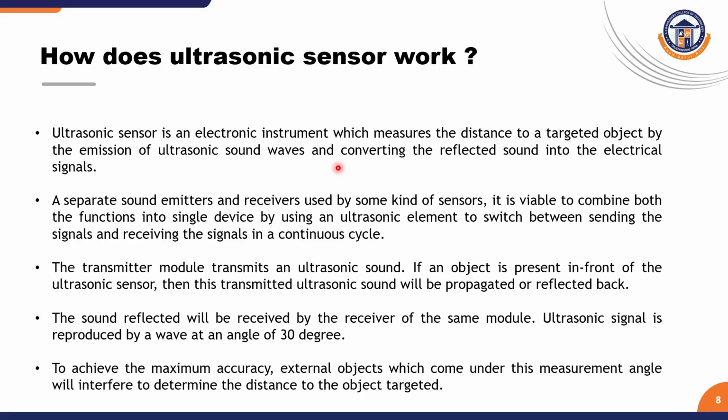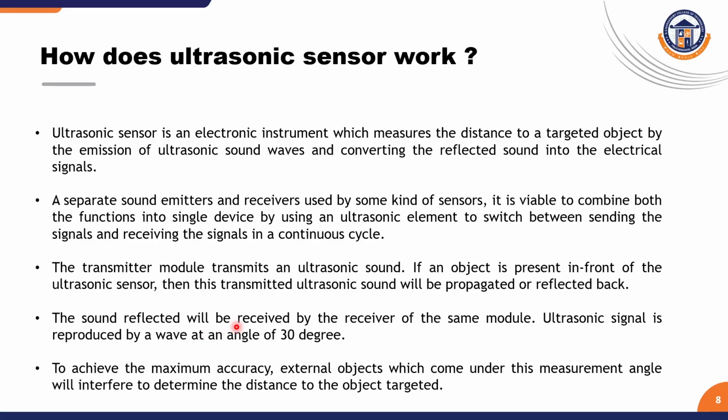Separate sound emitters and receivers are used by some kinds of sensors. It is possible to combine both functions in a single device by using an ultrasonic element to switch between sending and receiving the signals in a continuous cycle. The transmitter module transmits an ultrasonic sound. If an object is present in front of the ultrasonic sensor, then this transmitted ultrasonic wave is reflected and propagated back to the receiver.